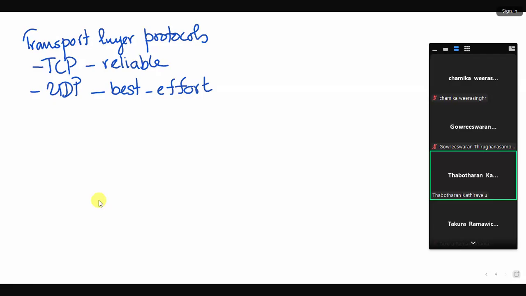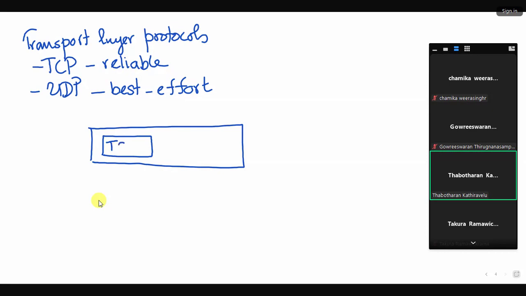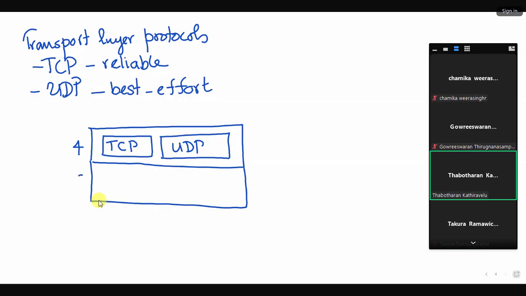We could also say that the transport layer has these two different protocols running at layer number 4, just on top of layer number 3, which is a very well known protocol.